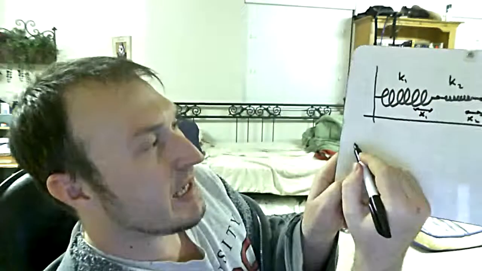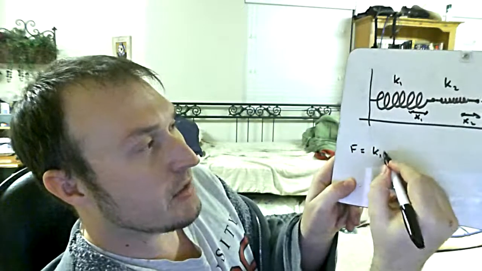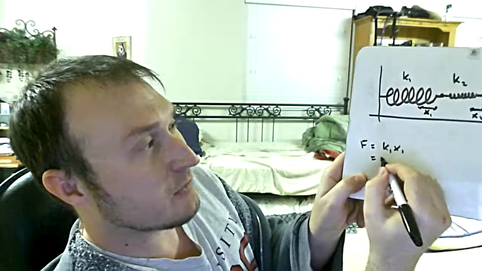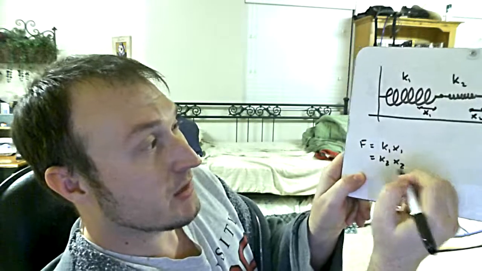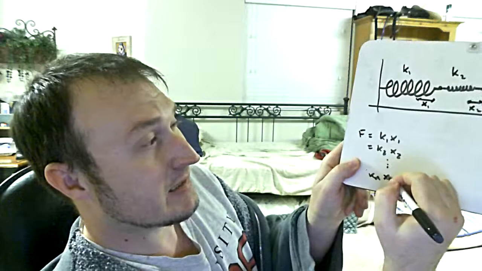And so this provides you with a really interesting equation that relates all of the spring displacements as well as the spring constants. What this is saying is that F, the restorative force, is equal to k1 x1, is equal to k2 x2, dot dot dot, is equal to kn xn.